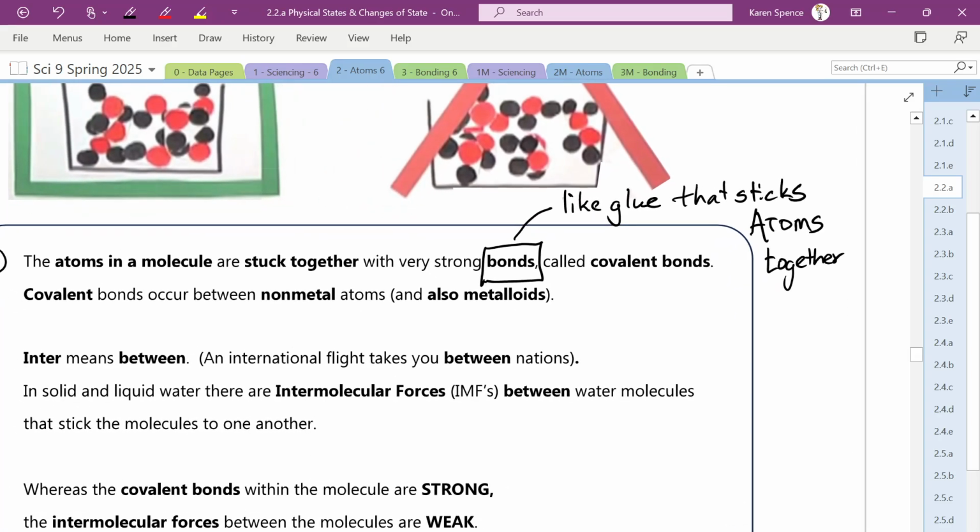We're not going to worry about the covalent just yet. But when we have a water molecule, we have an O. And we have a bond. And then we have an H. Okay, so that right there is a bond, and that one right over there is a bond.